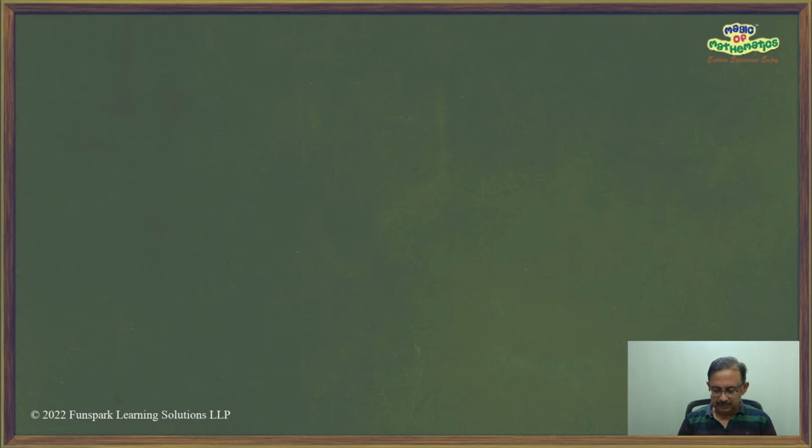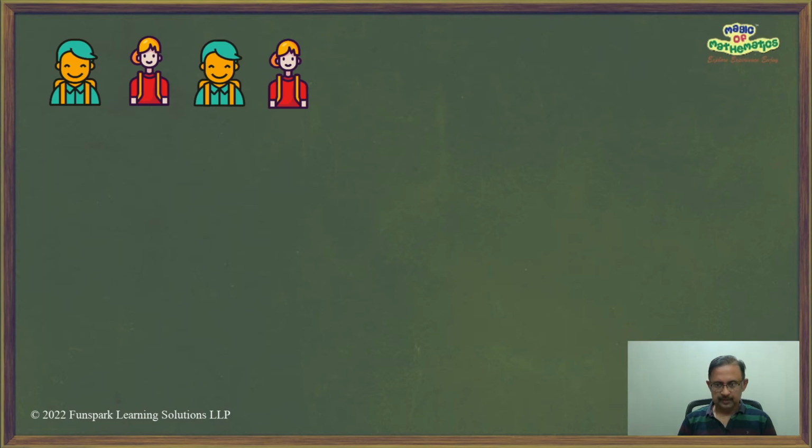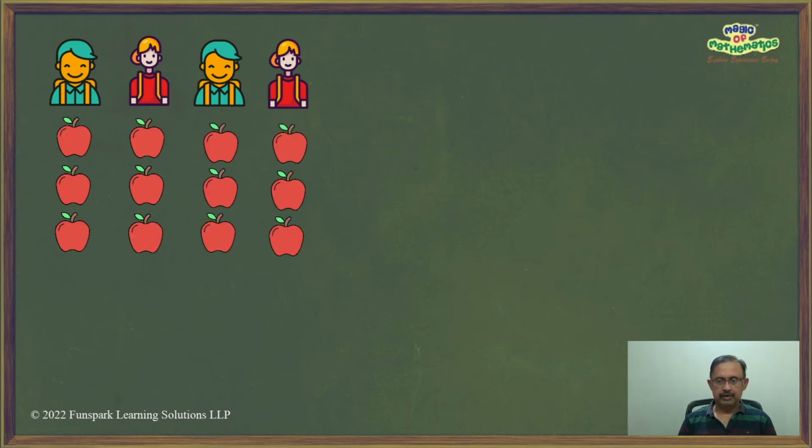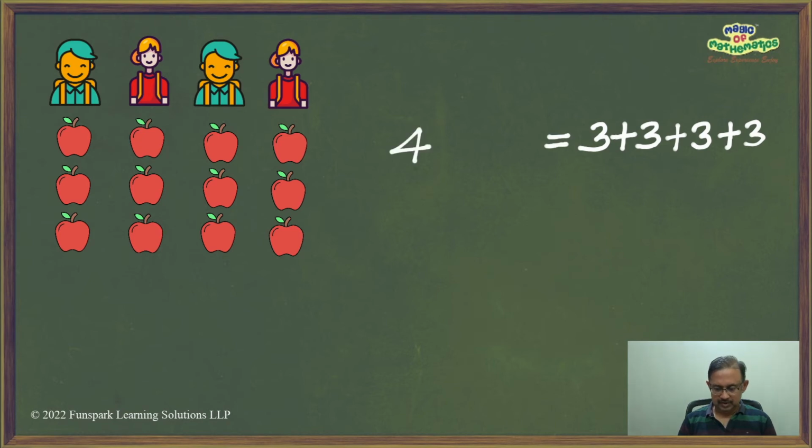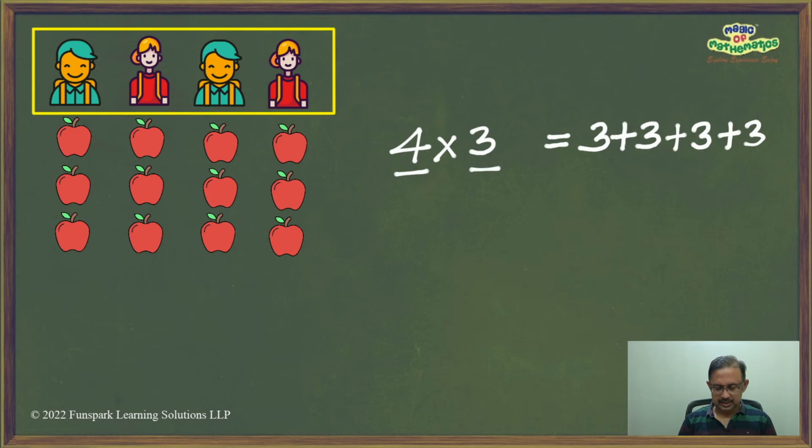Now, had there been 4 children and had I given 3 apples to each child, I would have used up 3 plus 3 plus 3 plus 3 apples, which can be written as 4 times 3 apples, where 4 is the number of children and 3 is the number of apples that each child gets.